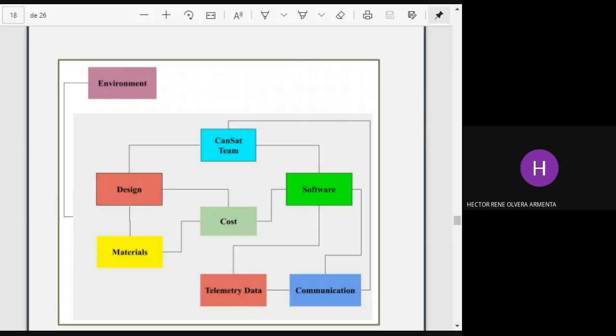That's why we need that telemetry data, to analyze if it is achieving what we are expecting.